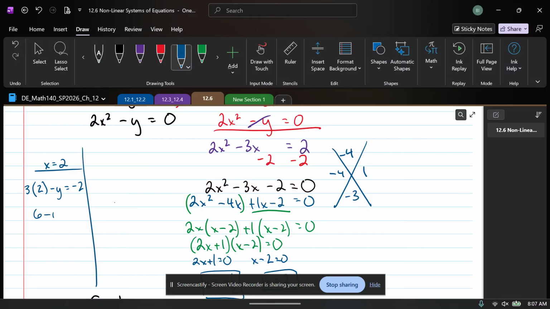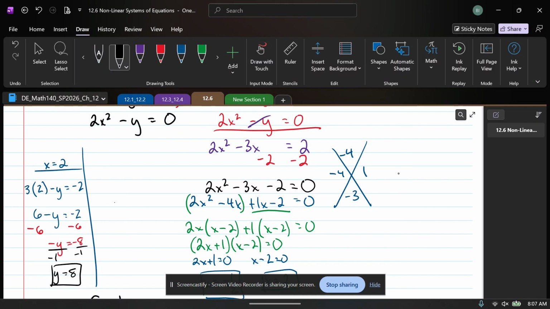That's going to be 6 minus y equals -2. Subtract 6. -y equals -8. And one last step, divide by -1. Y is +8.